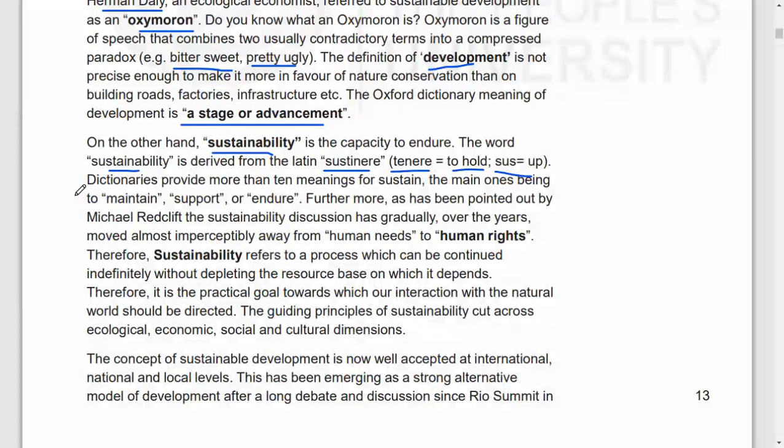Dictionaries provide more than 10 meanings for sustain, the main ones being to maintain, support, or endure. Furthermore, as has been pointed out by Michael Radcliffe, the sustainability discussion has gradually, over the years, moved almost imperceptibly away from human needs to human rights.